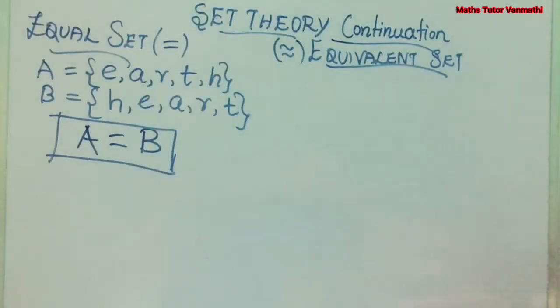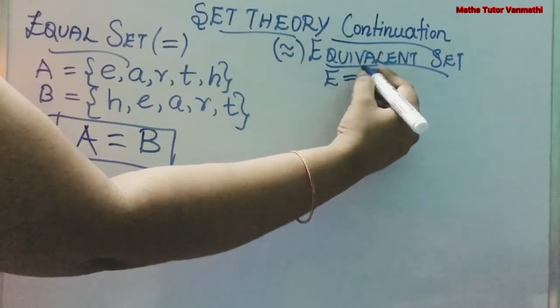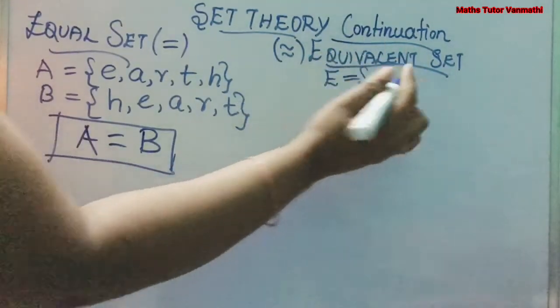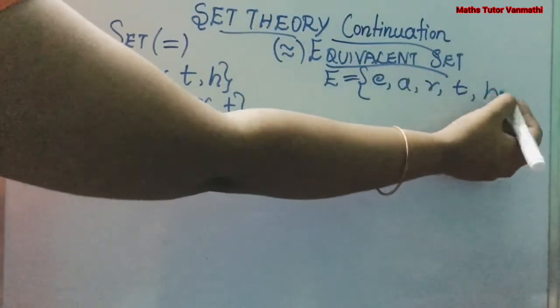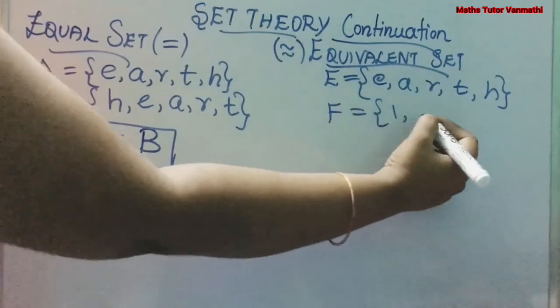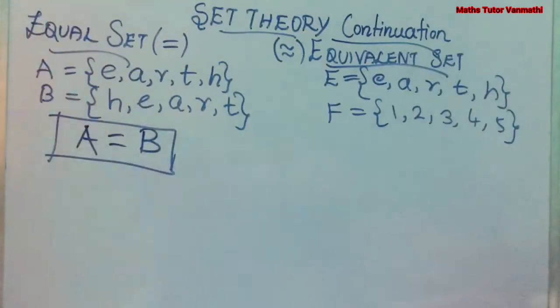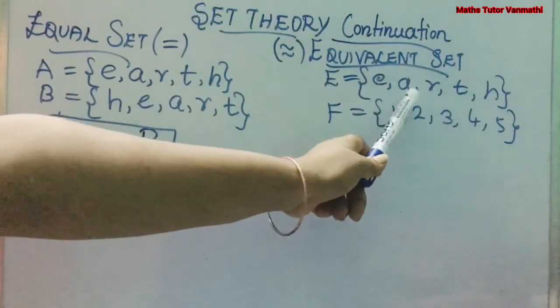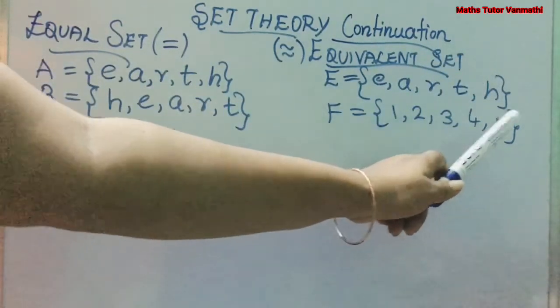Clear? Next, for equivalent sets, I am taking another example: E equal to {E, A, R, T, H} and F equal to {1, 2, 3, 4, 5}. You see, in this you have the same number of elements: 1, 2, 3, 4, 5. Here too, 1, 2, 3, 4, 5.